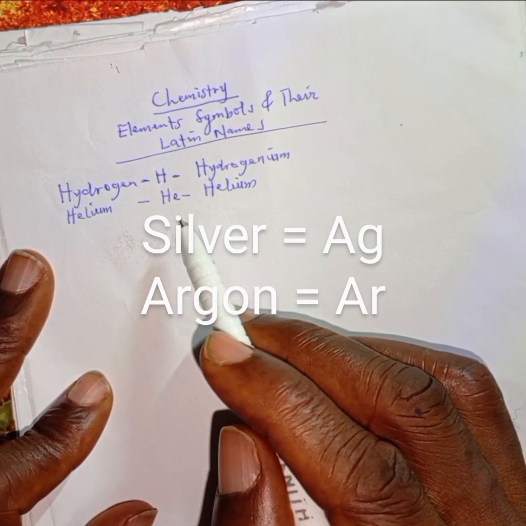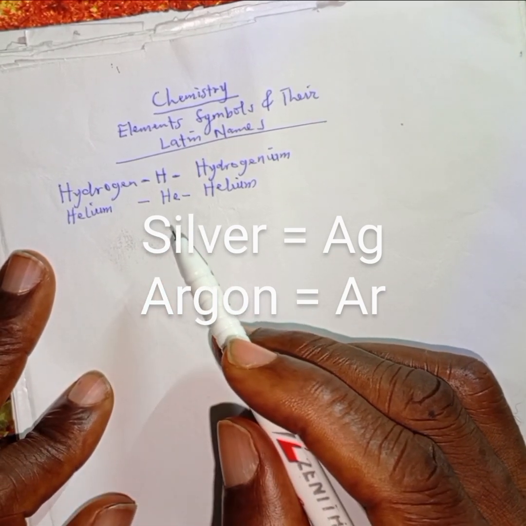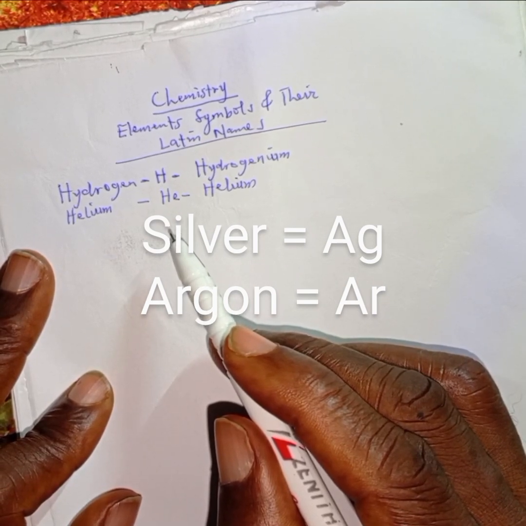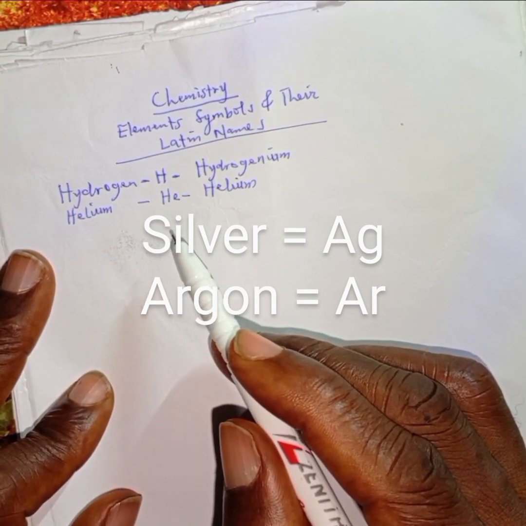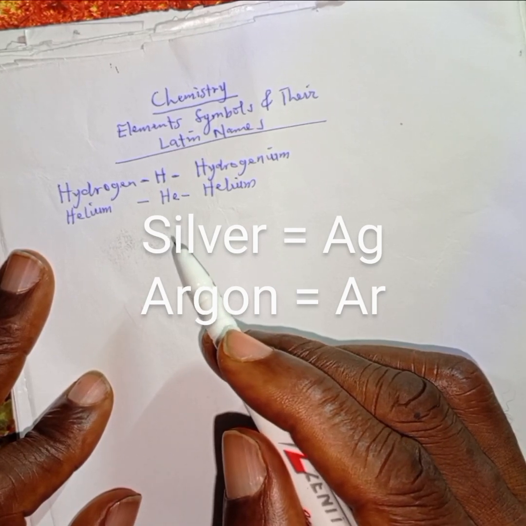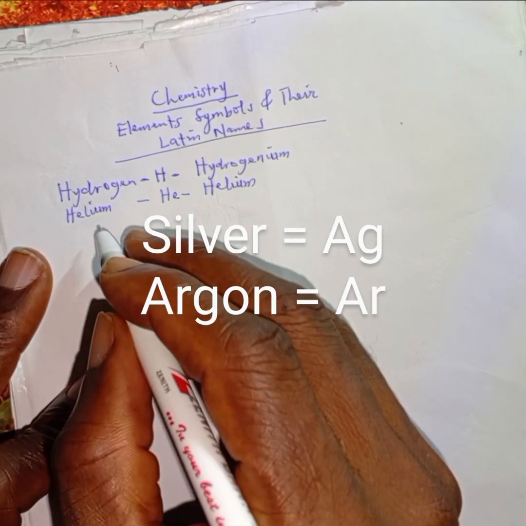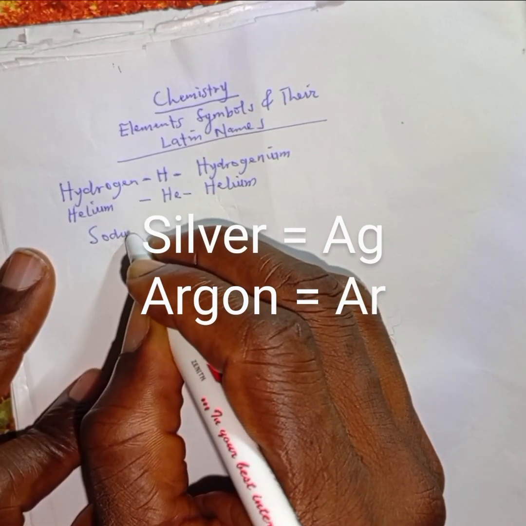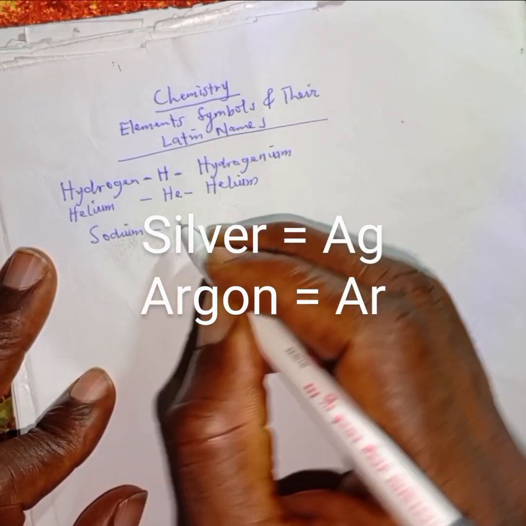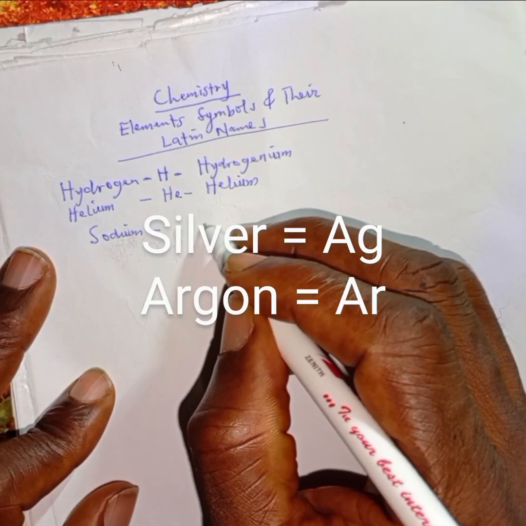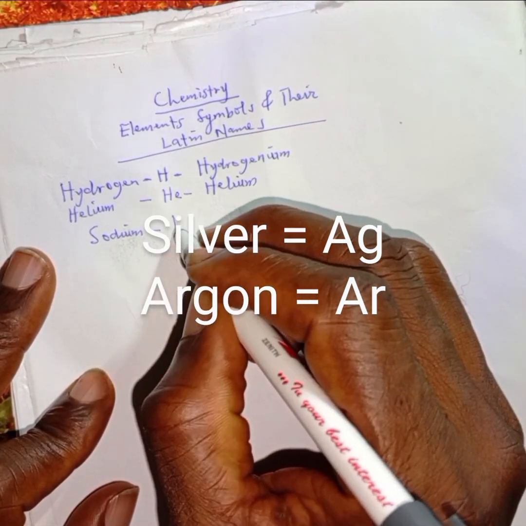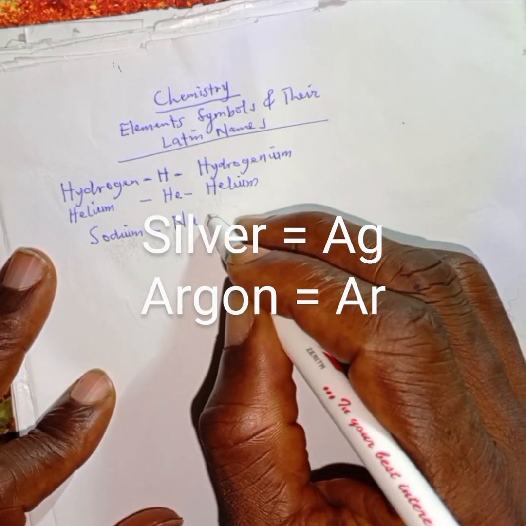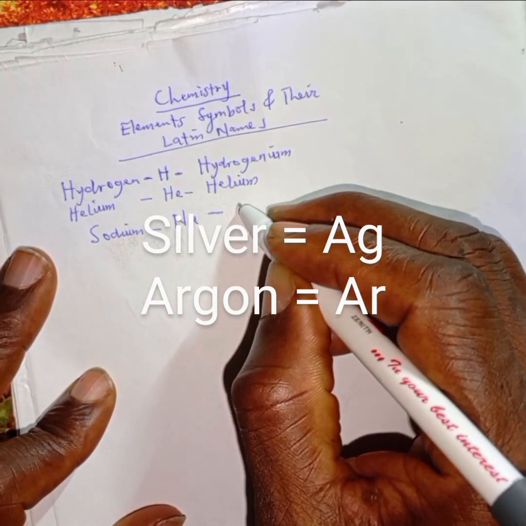We have some other letters like what they did for metals. Most metals were written in their Latin names. Examples, you have sodium, with the symbol Na, and the Latin name is natrum.